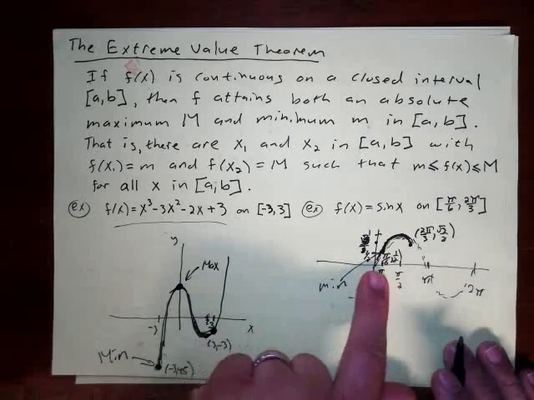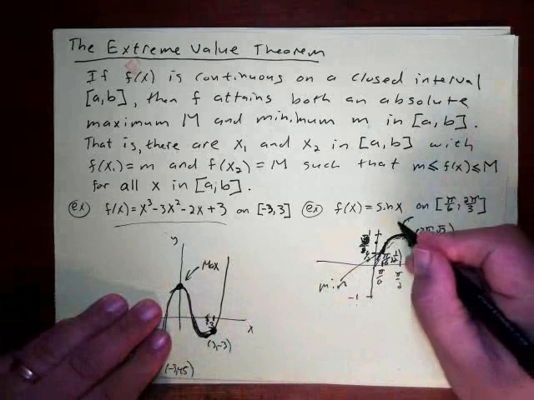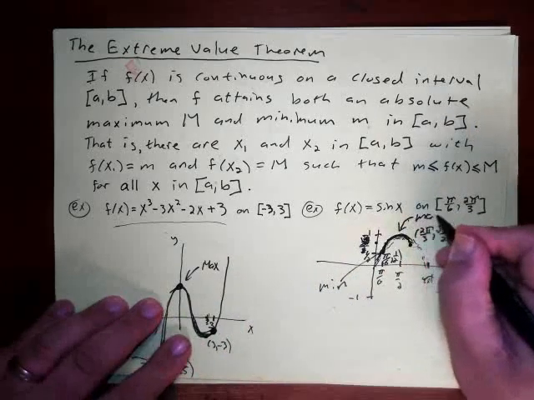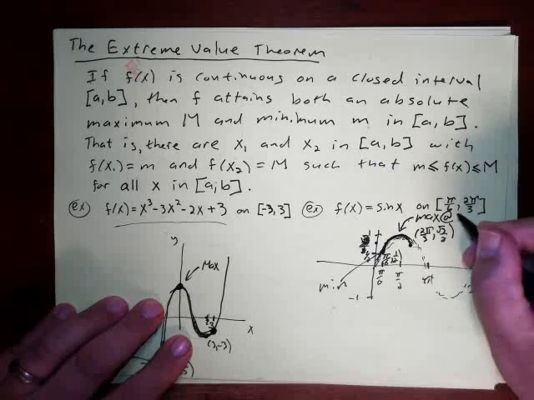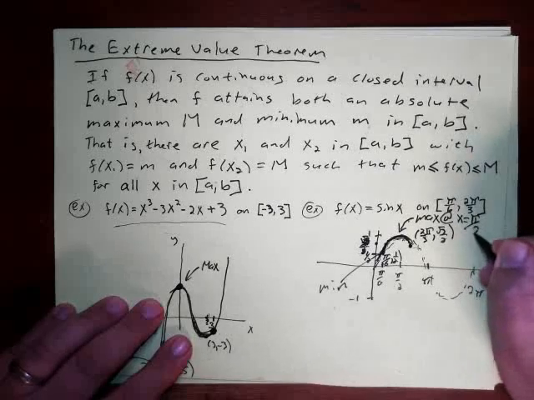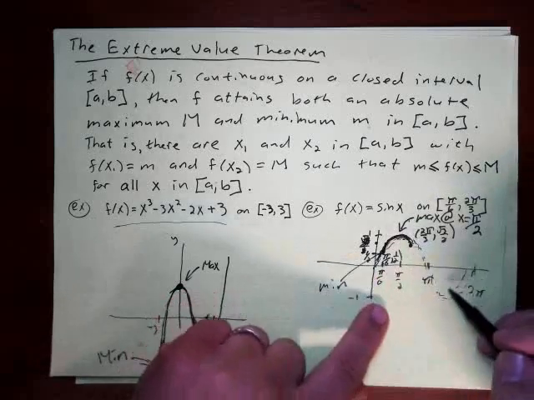That's the global minimum. Now this is not the global maximum. The global maximum is going to be right here, and it'll be a maximum of 1, and it's going to occur at x equals pi over 2. And I just know that naturally because I know the graph of sine.